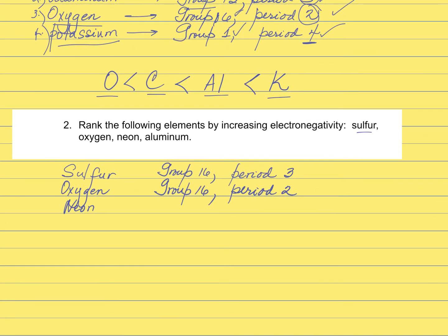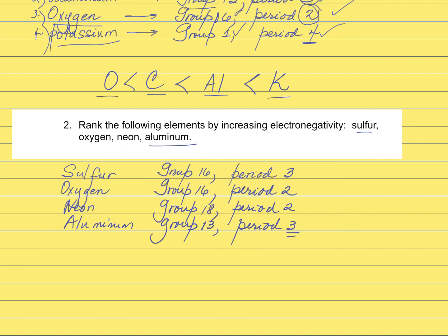Neon is in group 18. What period? Period 2. And then I have aluminum, which is in group 13, period 3.